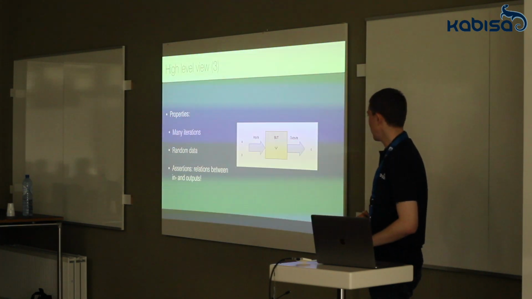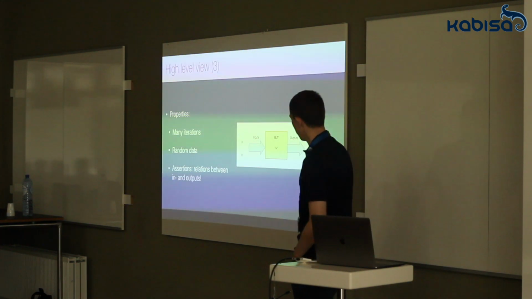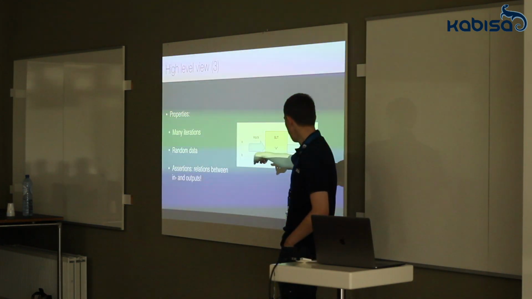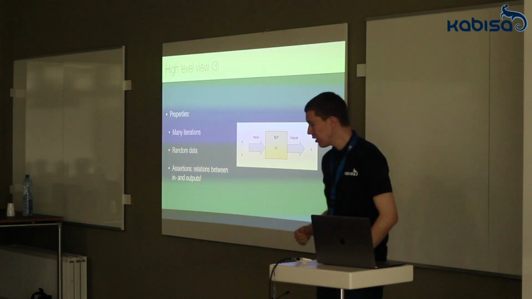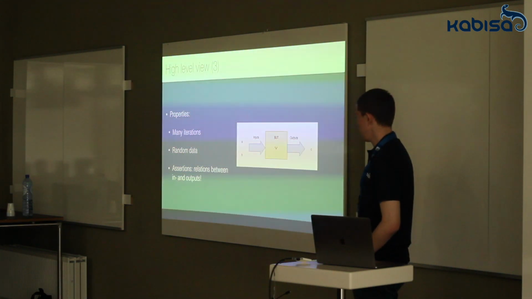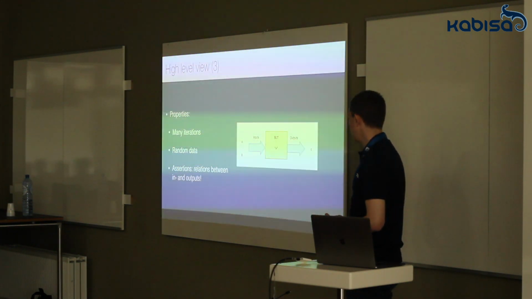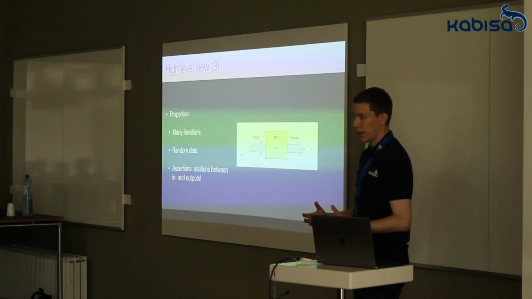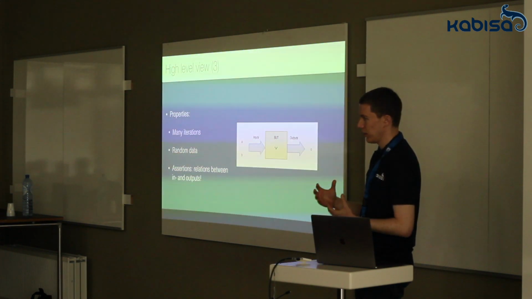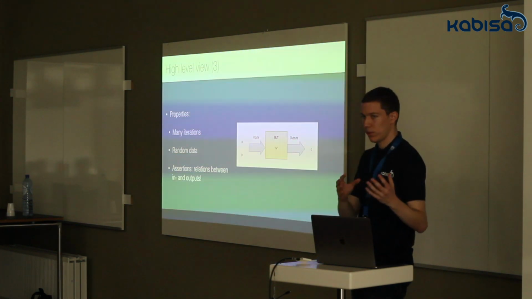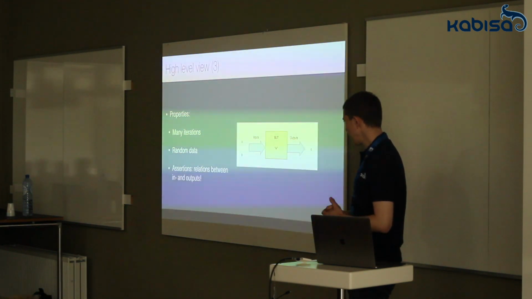Property-based testing generalizes this. So instead of concrete values, now we think in terms of variables. We have A and B on the input and C on the output. So we lose some information about the data. We can no longer check, is it exactly equal to this? But we get the power that we can now reason at a higher level. We can think about the relations between the outputs and the inputs of a system.